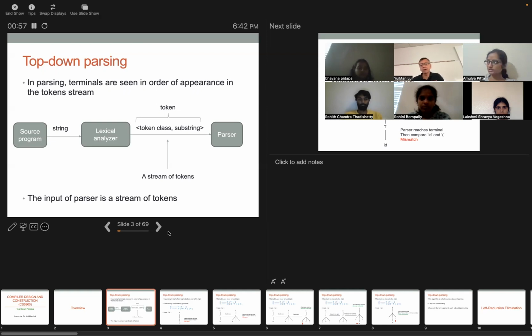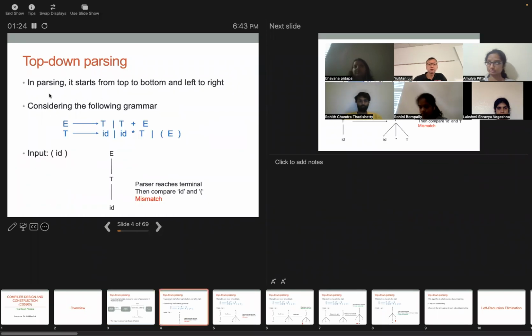So what is passed to the parser is a stream of tokens, which tells which class they belong to, for example the operator, the integer, or the equal sign. Those are the token classes. So the input of the parser is a stream of tokens.